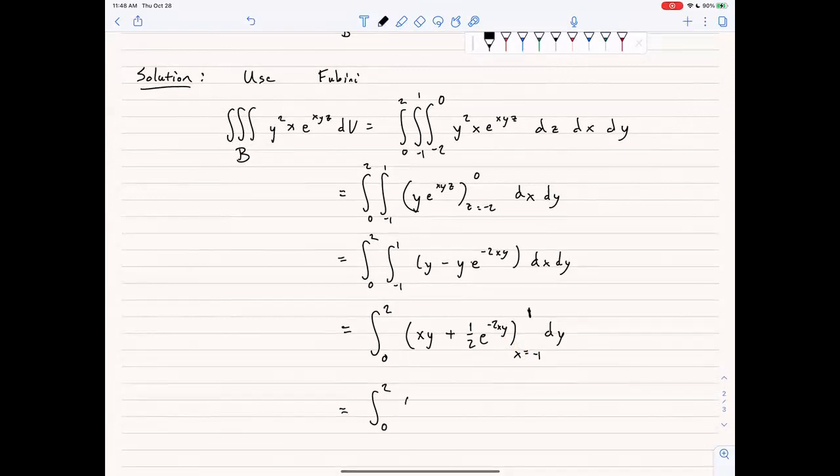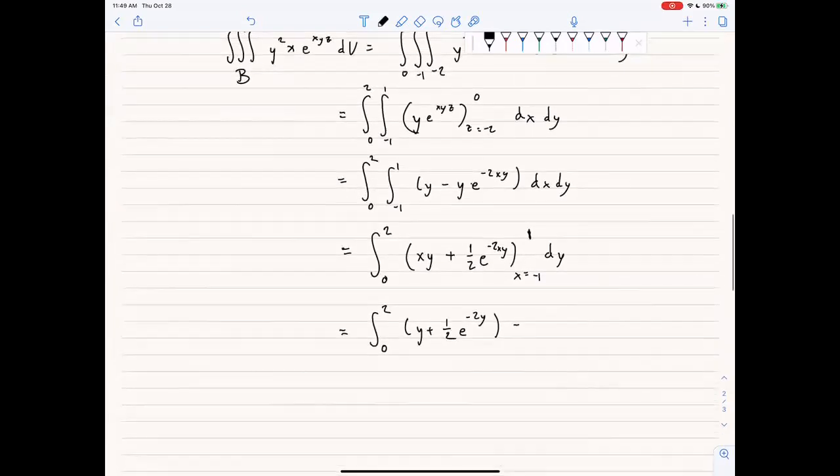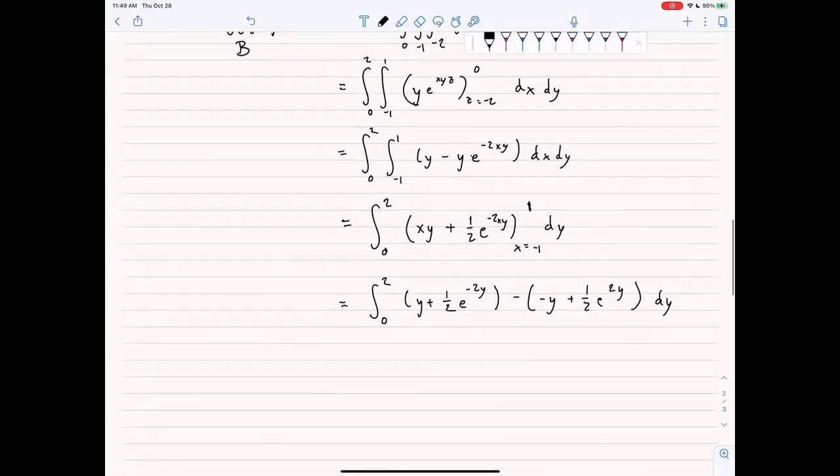At x equaling 1, I get y plus 1/2 e to the -2y. And then at x equaling -1, I get -y plus 1/2 e to the 2x. Oh, 2y, pardon me. dy.